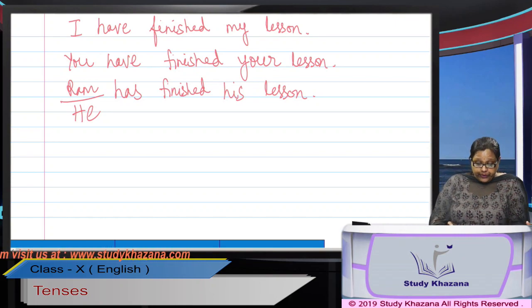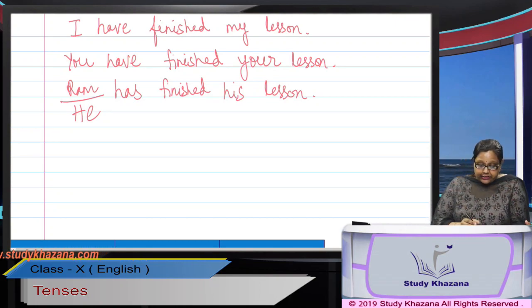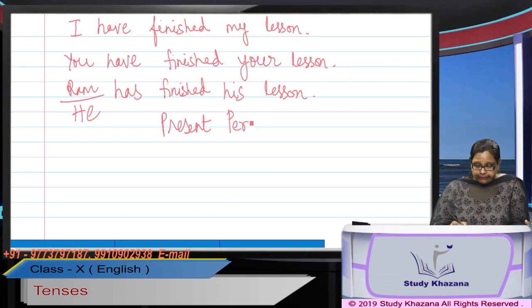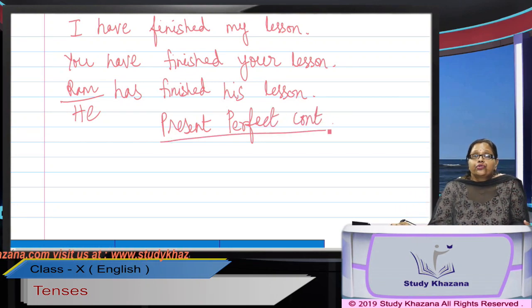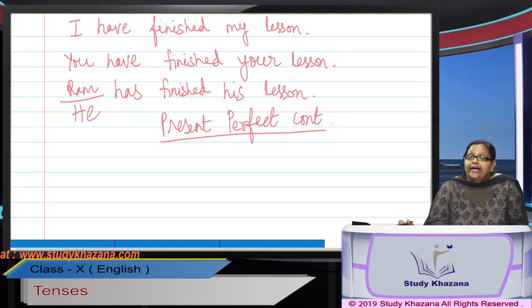Now let's continue, and the next one is present perfect continuous. This is something that we normally use, but it is not more popular. Now present perfect continuous tense is used to denote those actions that have started in the past but which are still continuing.